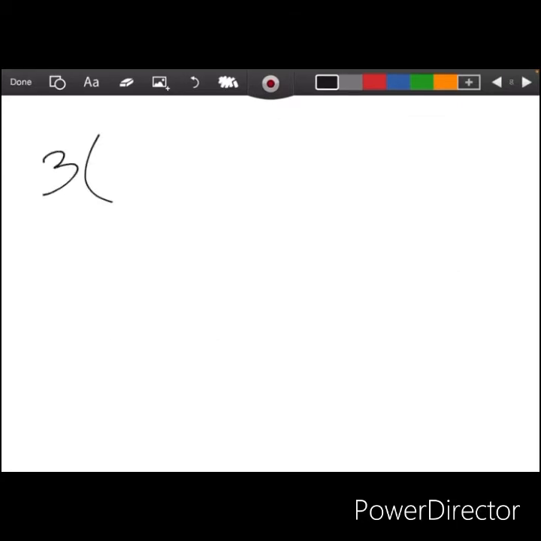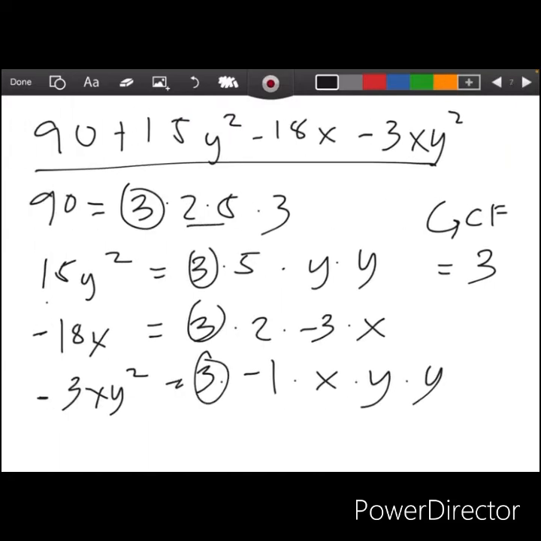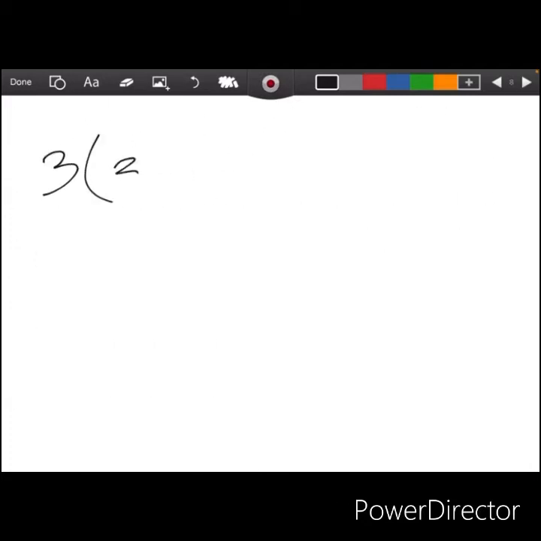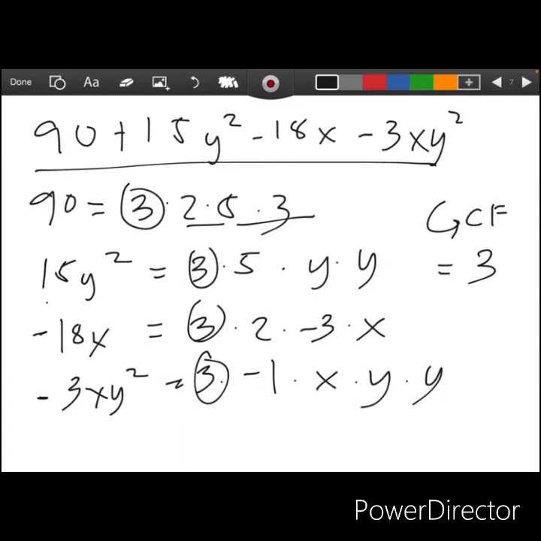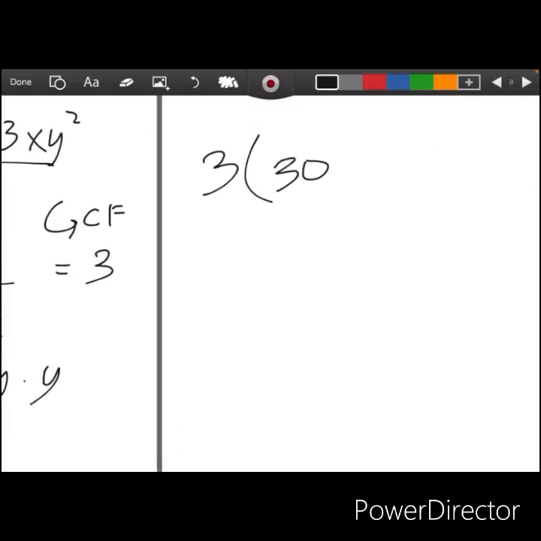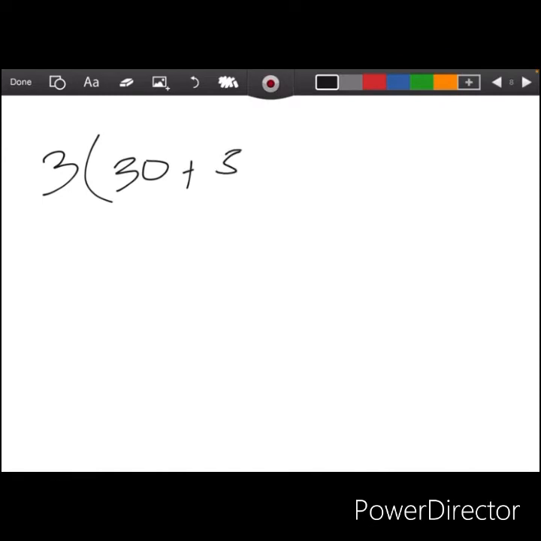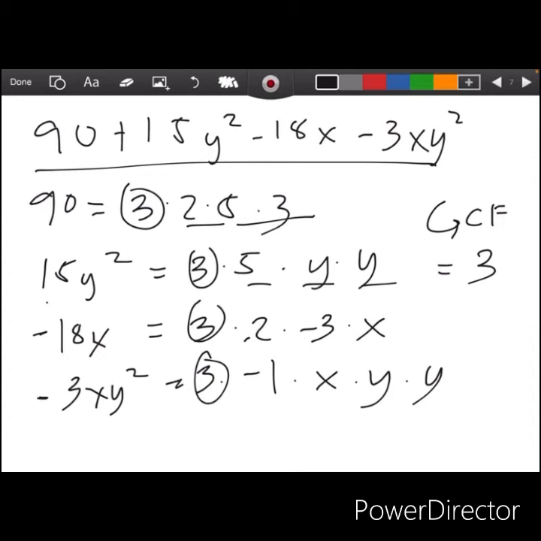So 3 times... get the product, 2 times 5 is 10, times 3 is equal to 30. Okay, 30. Next, get the product, 5 times y, plus 5y squared. And next, 2 times negative 3 is negative 6, times x.